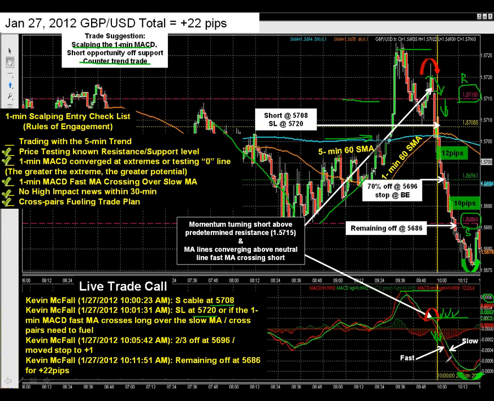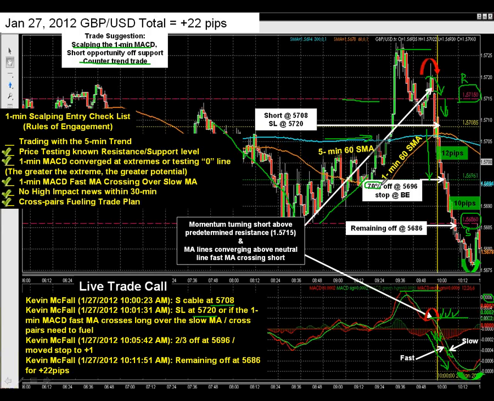As momentum starts to move the price short, there's our divergence still developing between the fast moving average and slow moving average. We have price also moving right down from our entry to our first target. First target is usually 10 pips and a spread. That's where I recommend we take 70% of our trade off.